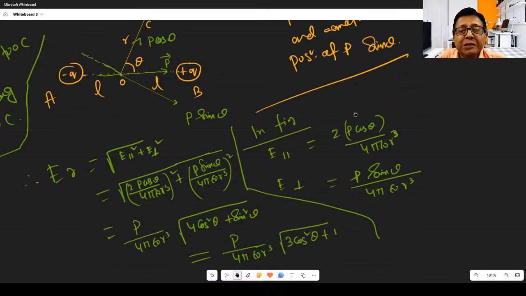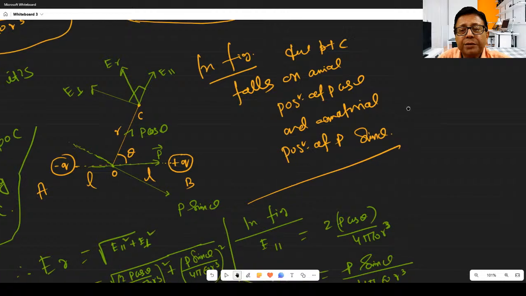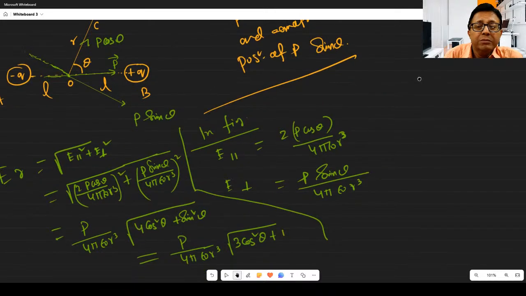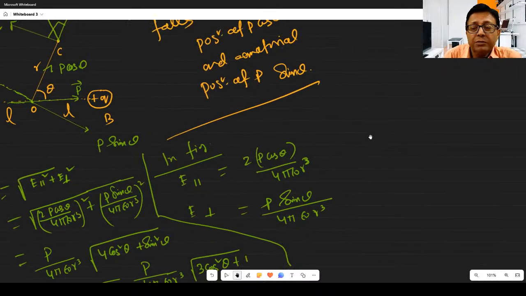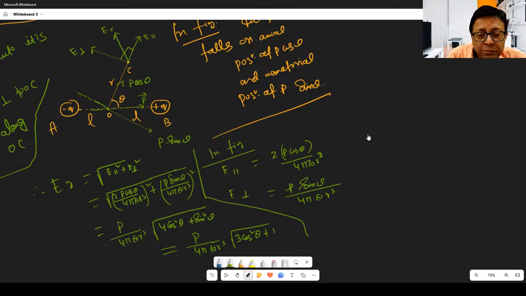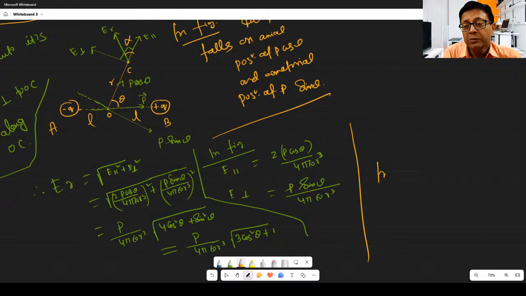Now, what will be the direction of this? How do you find it? ER will be directed in what manner? That angle, how do you find? Go by vector. I am going to find this angle. No, don't take this as theta. This we will take as alpha. So in the figure, I will take the advantage.